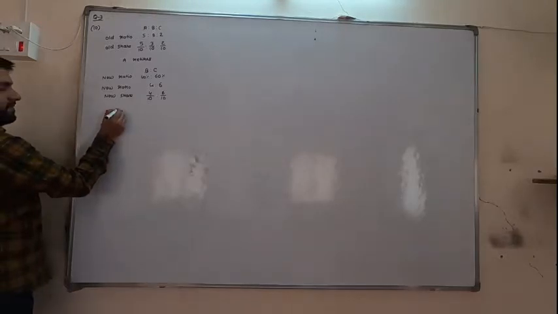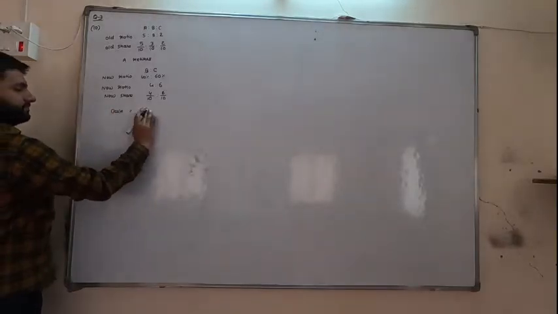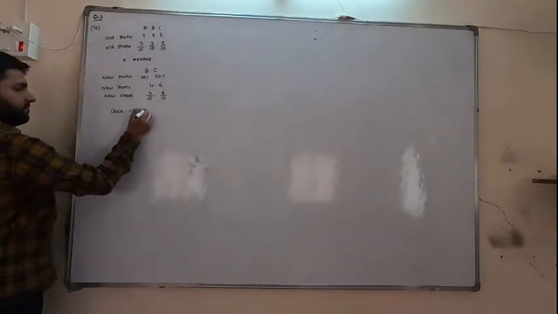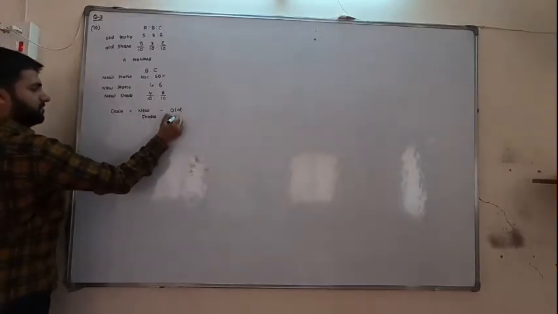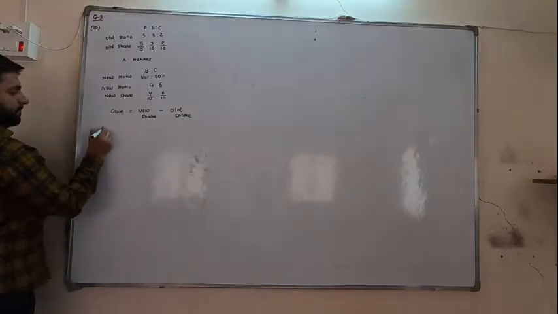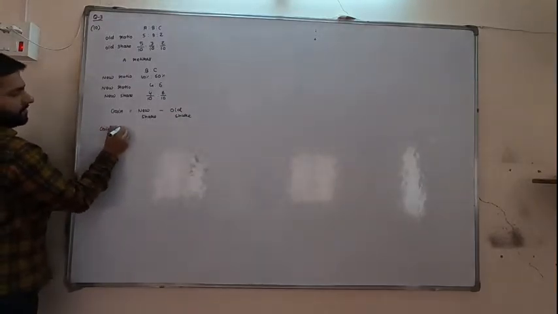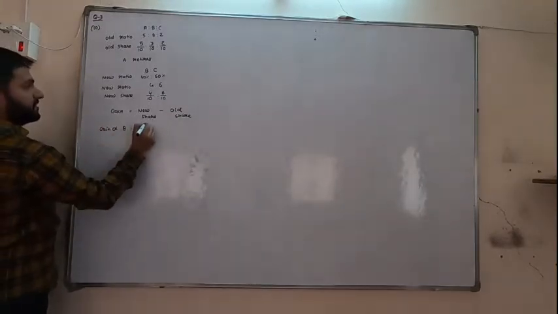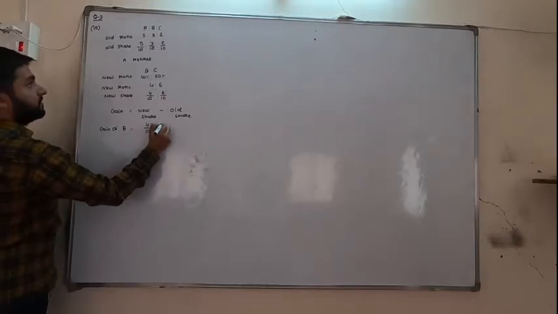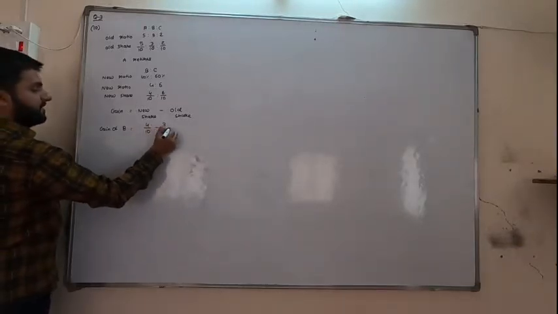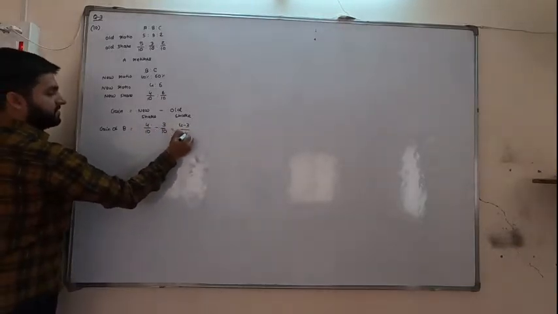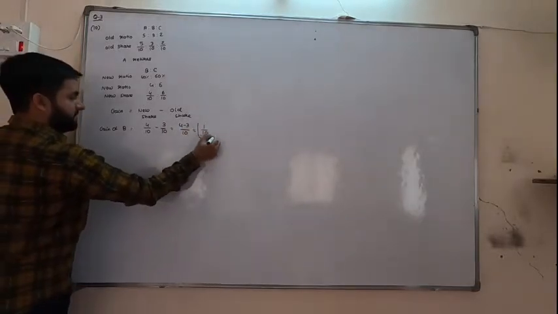Now gain is equal to new share minus old share. Gain of B: new share is 4/10, old share is 3/10, 4 minus 3 is 1/10.